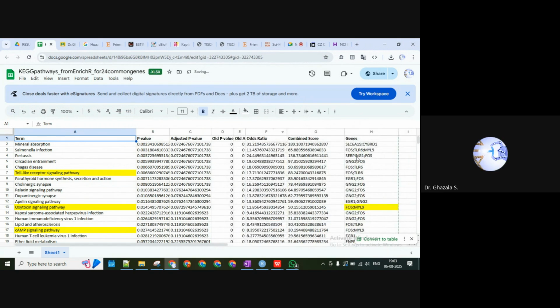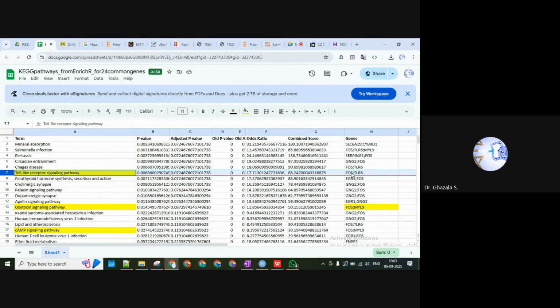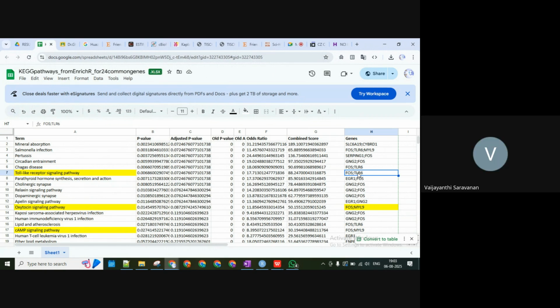Yes. Have you checked their gene expression based on the sample types? Based on the condition, whether they are of your interest or not, their biological functions? Yes, whatever I have selected are of my interest, and I hope you have gone through the notes which I shared.